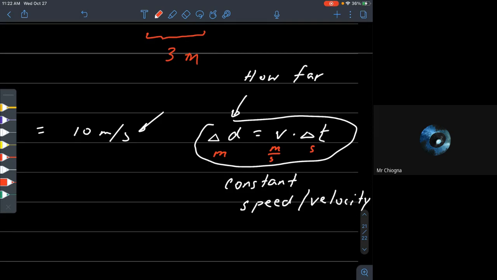You have to stick with whatever units is consistent throughout. If it did mention kilometers to begin with, then I'd have kilometers for the displacement, kilometers per hour for the velocity, hours for the time. So it's one of those two sets of units, either the red or the purple. Can't mix the purple and the red.